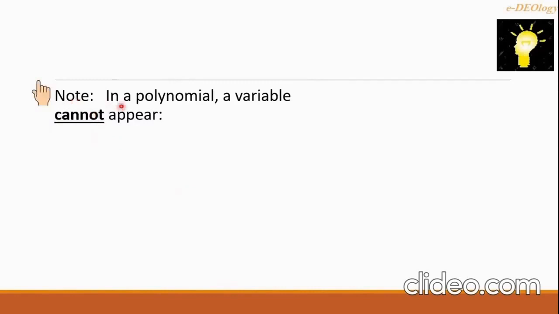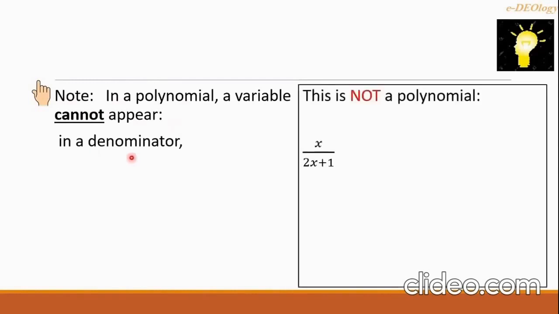There is a note here that in a polynomial, a variable cannot appear in three places. The first is in a denominator. So this is an example of not a polynomial, x over 2x plus 1, because there is an x in the denominator.